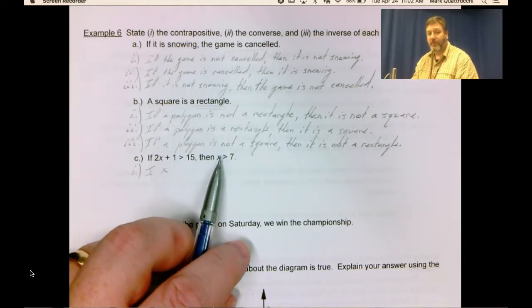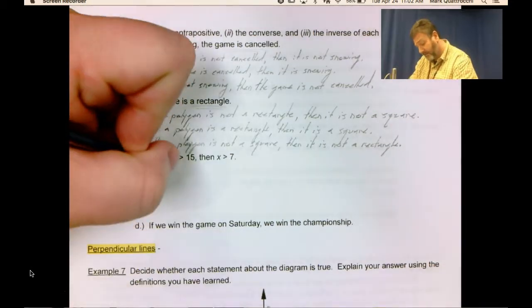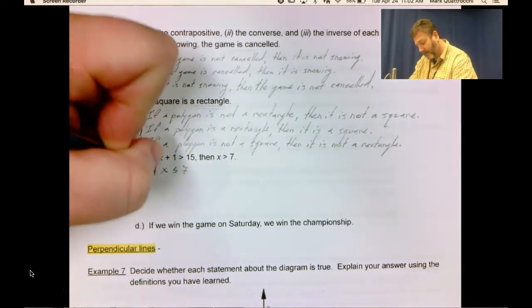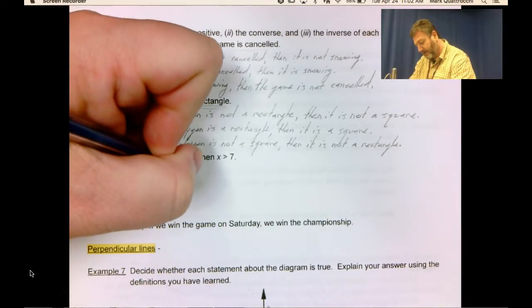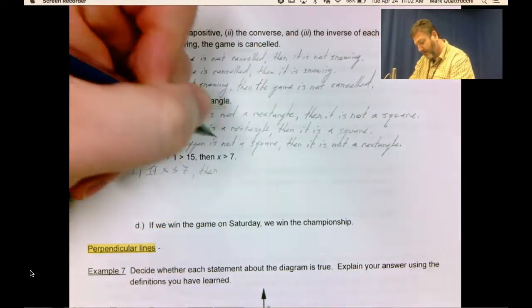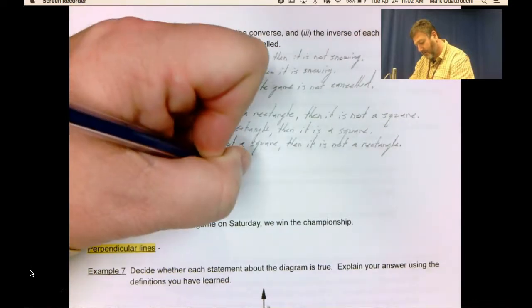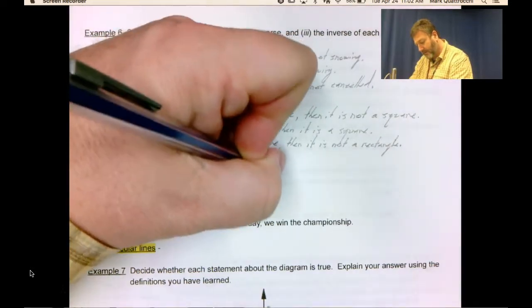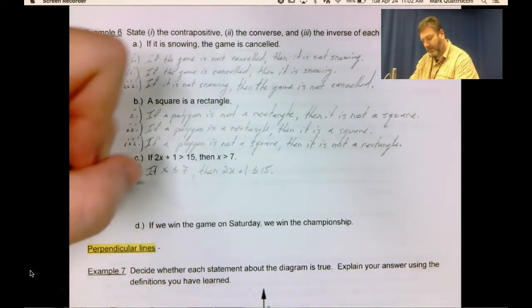Almost. We're missing one small piece. It's x is less than or equal to 7. That's the one small trick on this one. So if x is less than or equal to 7, then 2x plus 1 is less than or equal to 15. That's our contrapositive.